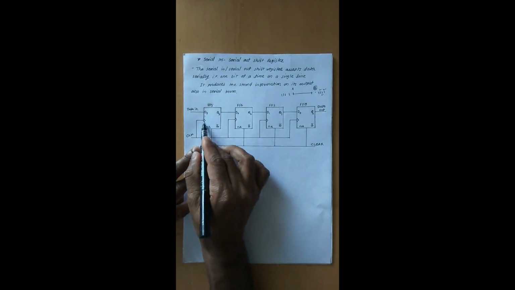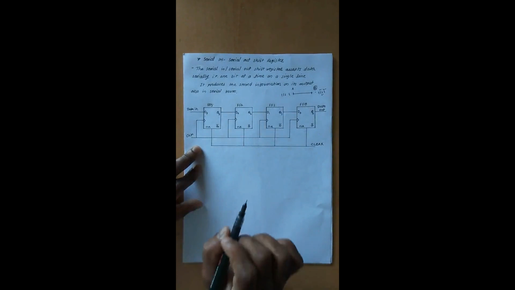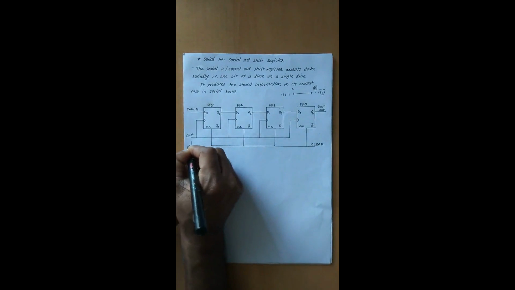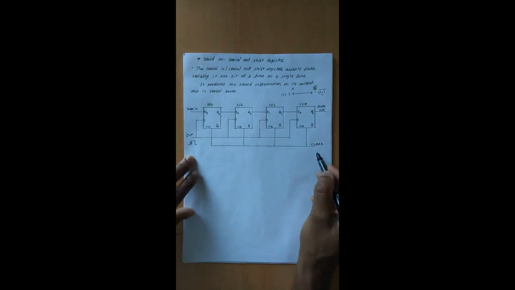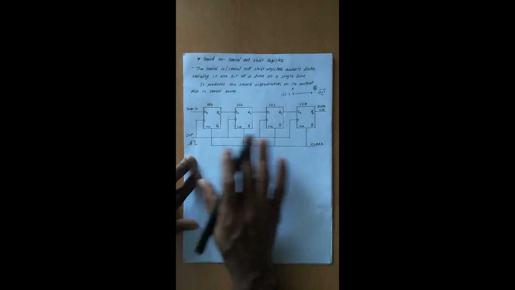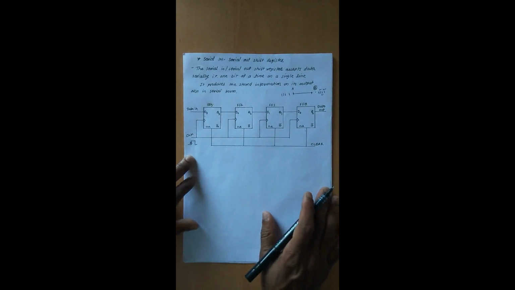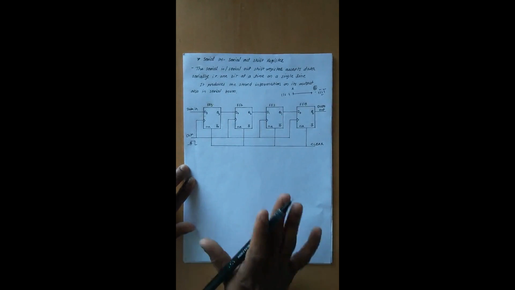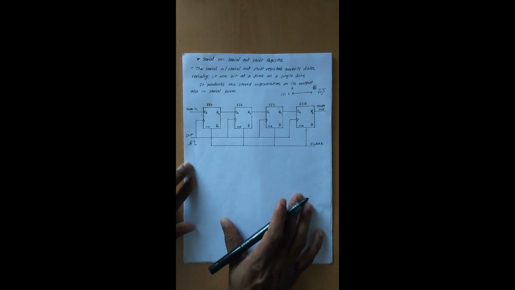If you observe carefully, we are going to implement the serial in, serial out shift register with the help of a positive edge triggered clock. Then this is the clear, with which all flip-flops are cleared first. I hope you understand the basic construction or block diagram of the serial in, serial out shift register.